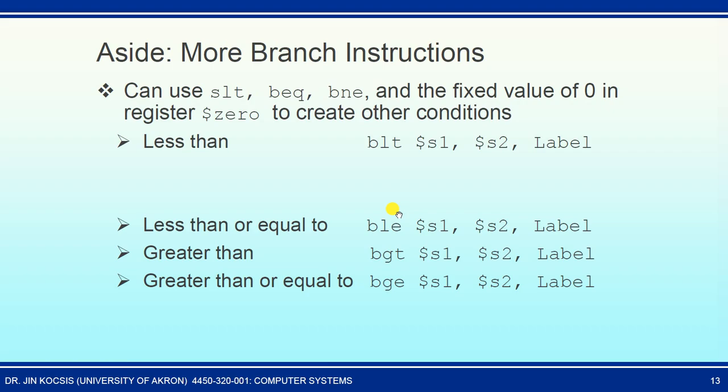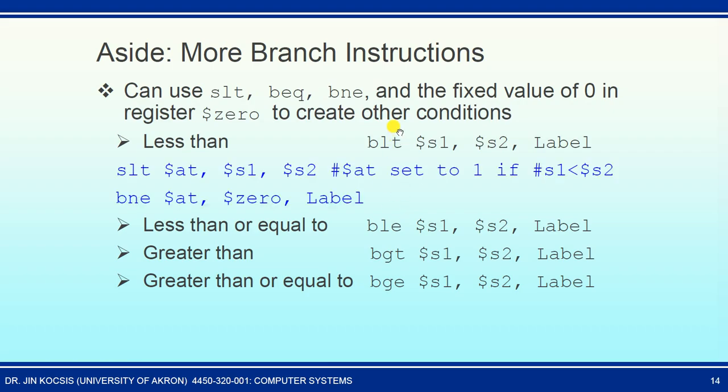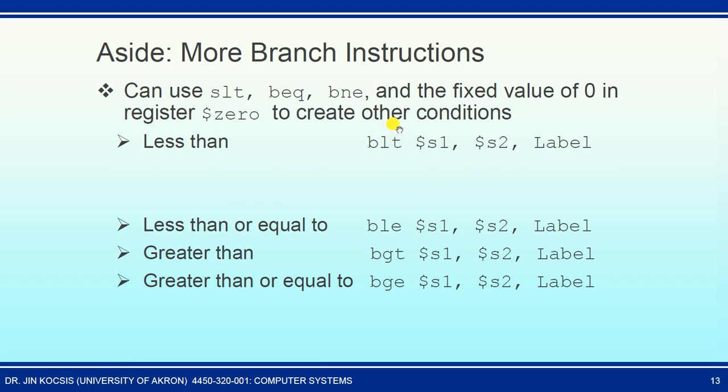Pseudo basically means pseudo instructions. What does pseudo instruction mean? Pseudo instructions are those not included in the official instruction set. However, an assembler can understand those pseudo instructions and translate them into a representation using the set of official instructions.